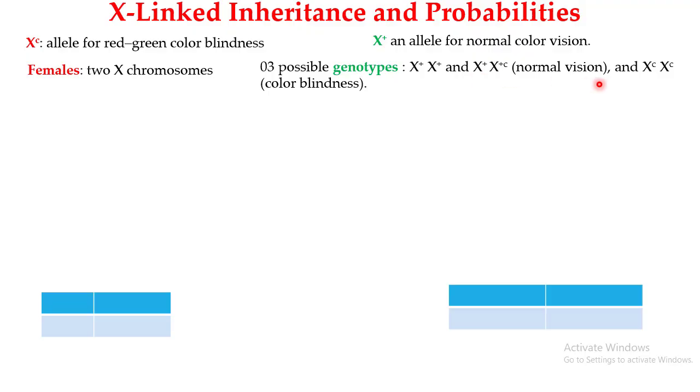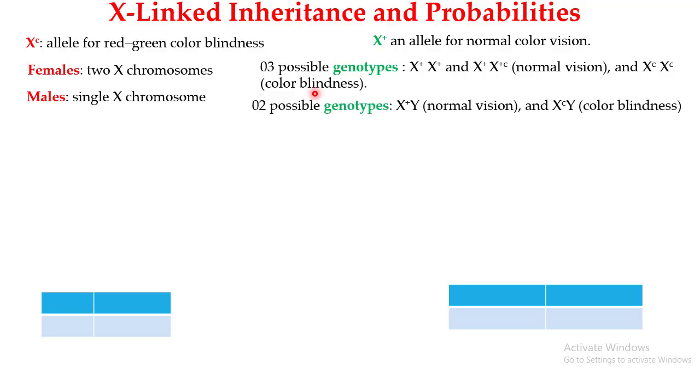The third genotype that you see in females is when both of the X chromosomes carry the diseased allele for red-green color blindness, and in that case the female is going to be color blind. When you talk about males, the male has only a single X chromosome. What that means is that you can only see two possible genotypes. If the X chromosome in the male carries the normal allele, there would be normal vision.